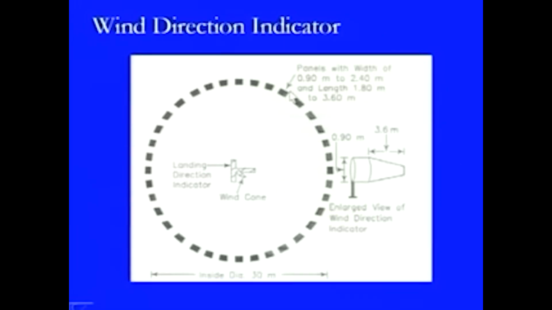These panels have a width of 0.9 meters to 2.4 meters and a length of 1.8 meters to 3.6 meters, and they are provided with spacing between the panels, with a value almost the same as the length of these panels. That is how they are uniformly placed.